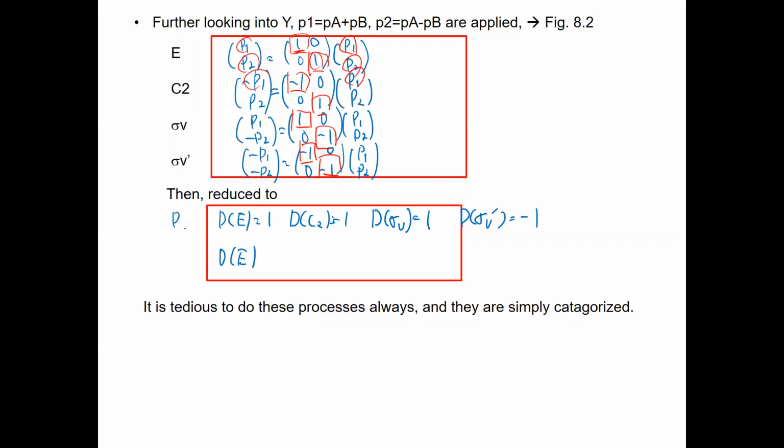Then for the P2 case, E is 1, C2 is 1, sigma V equals minus 1, and sigma V dash equals minus 1, like this. So for these molecules, the transformations are reduced to one-dimensional for all cases.